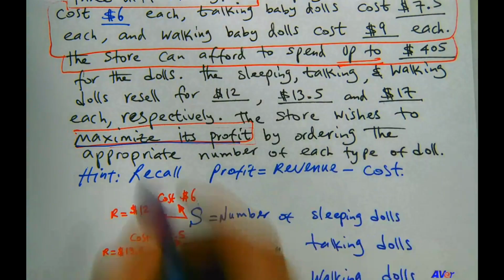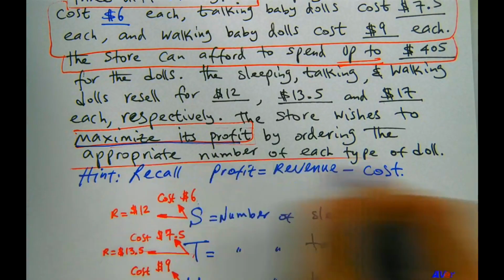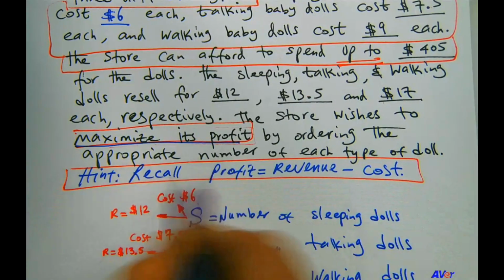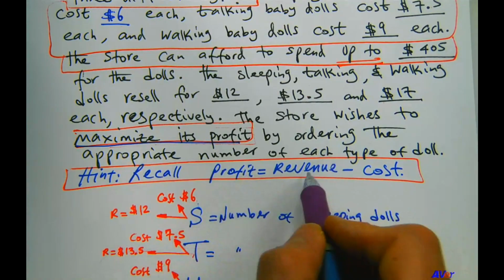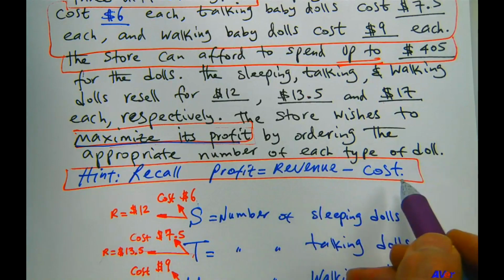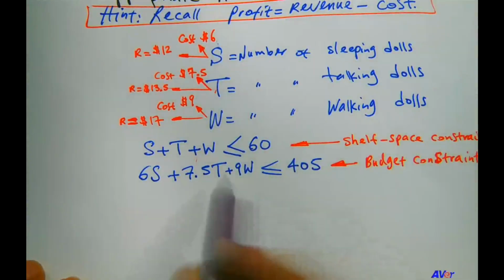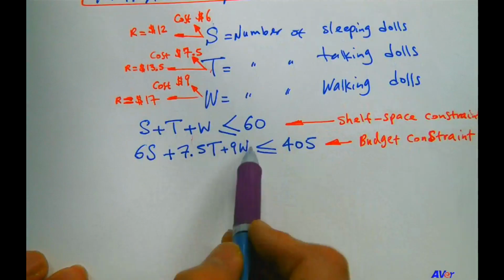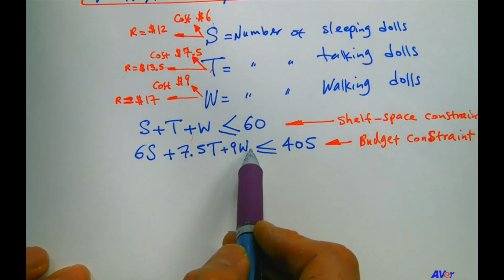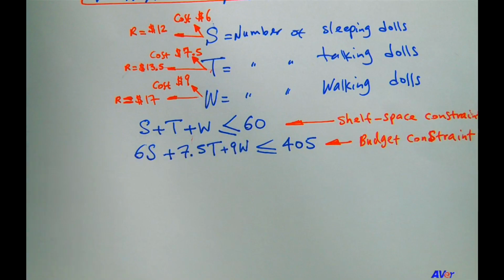But that's where this hint comes in, right? That's where this hint comes in. Profit is equal to revenue minus cost. So let's find our objective function, because so far what we found are the two constraint inequalities. So let's find the objective function. We need to do that.